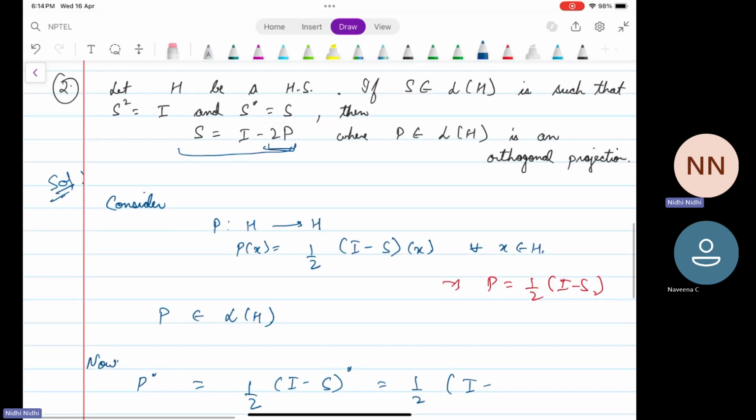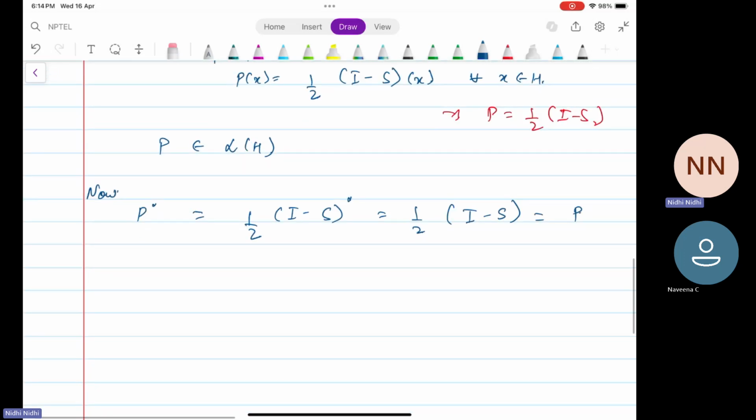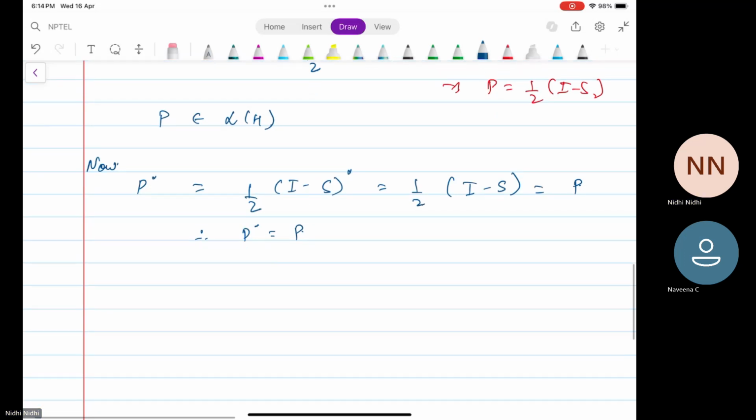Now again, since S is also self-adjoint, so this is I minus S again, which is equal to P. Therefore, P star is equal to P, and for any X in H, P square X is equal to 1 by 4 times (I minus S) square at X, which is 1 by 4.